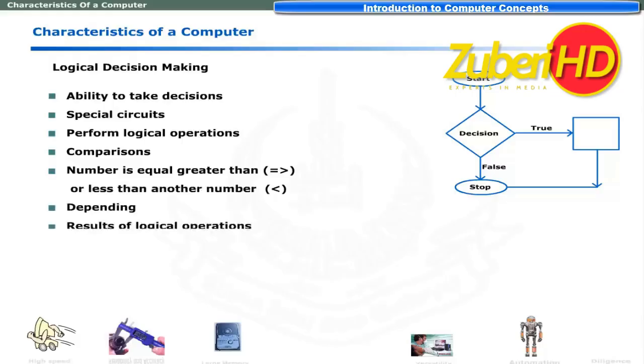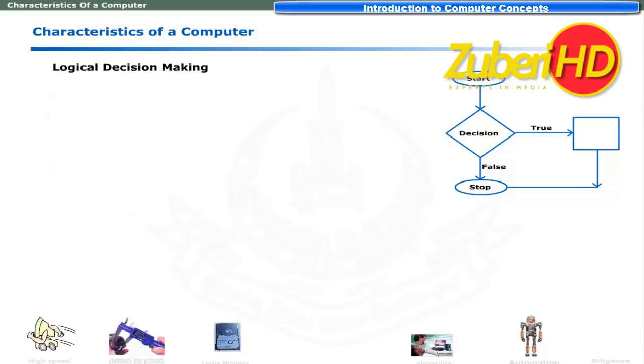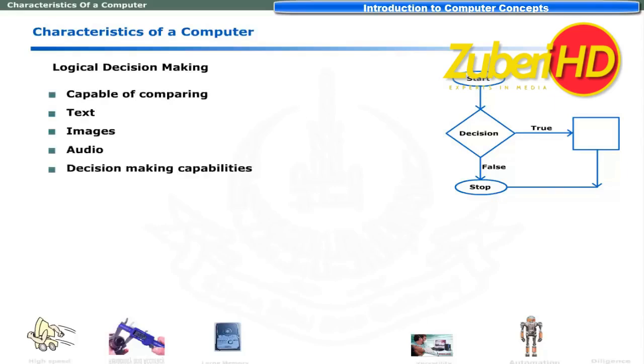Depending upon the results of logical operations, a computer can take appropriate actions. Computer is also capable of comparing text, images, and even audio. The decision-making capabilities of computer has led to the invention of artificial intelligent machines.